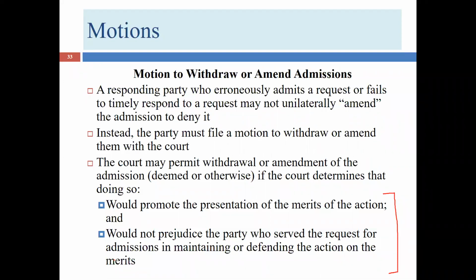Well, it could be that the other side has really planned its strategy around those admissions, so it would be prejudiced. On the other hand, if you're just a day late and you're still well before trial, then the prejudicial argument's pretty weak. You're probably going to be okay with the prejudicial argument, but you're still going to have to show that allowing you to amend would promote the presentation of the merits of the action.